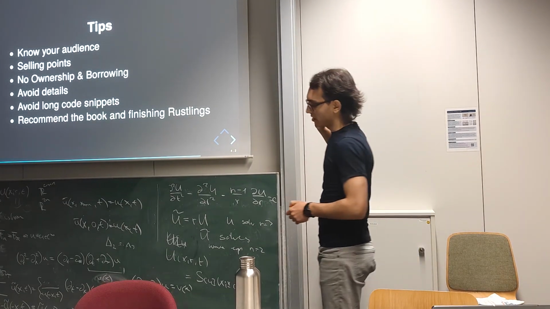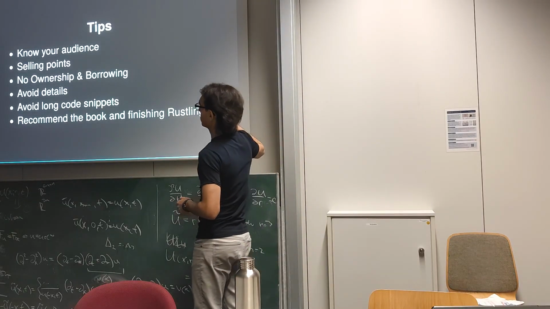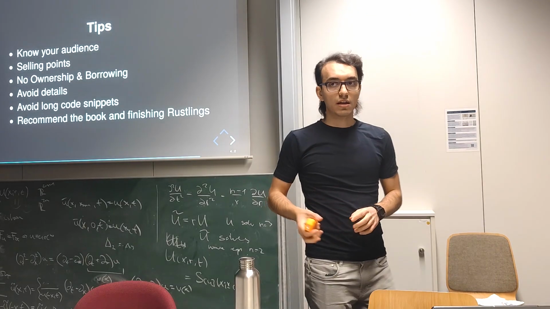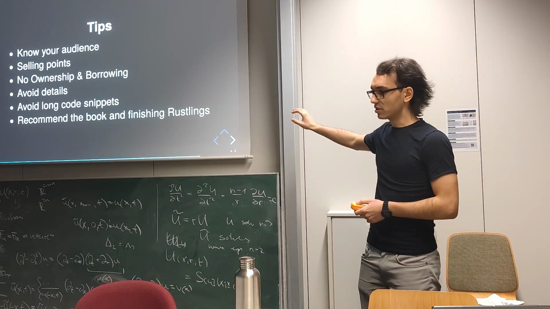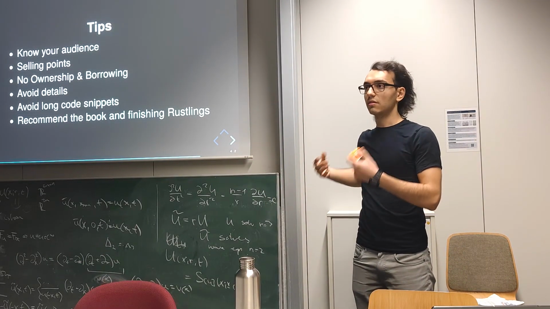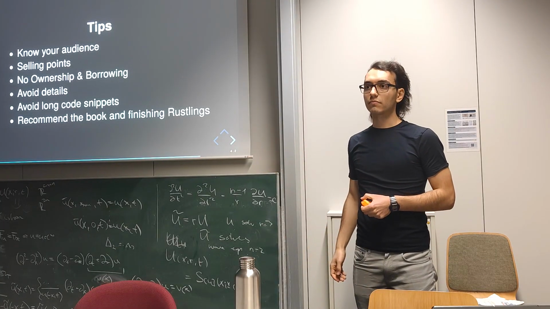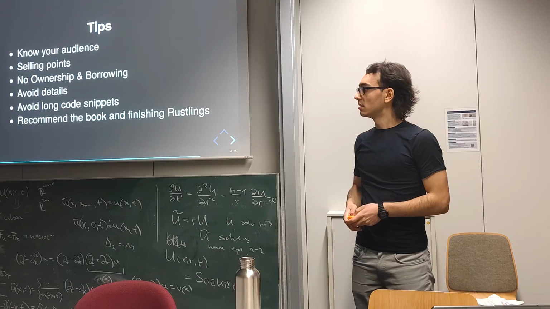And one very important point is, don't teach ownership and borrowing in such a format. You will not be able to give a proper introduction into ownership and borrowing. So avoid talking about owned values, about references, and so on. And instead, maybe just mention it and tell people that they should do proper reading to be able to understand it.